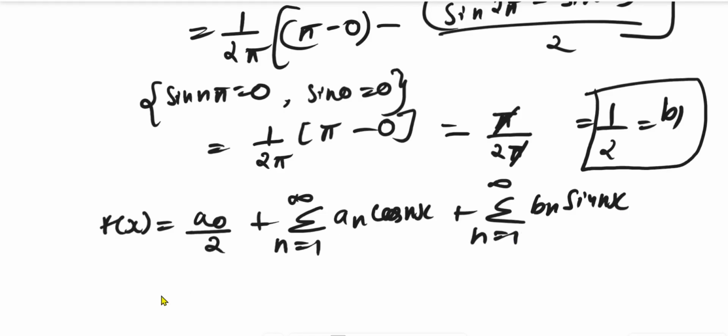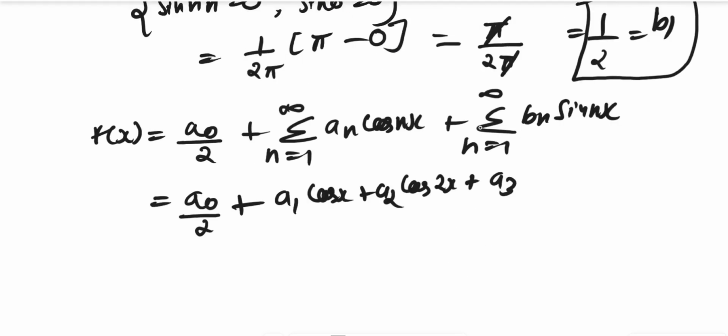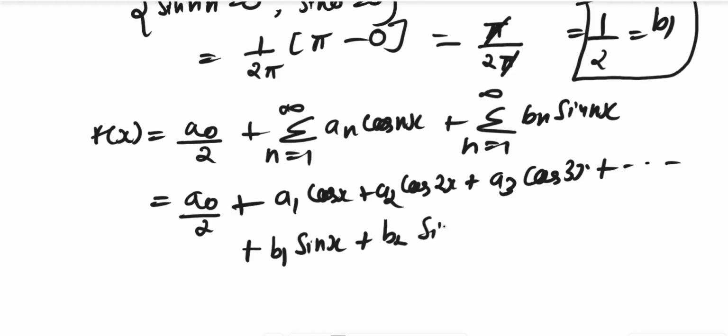Now we will simplify this: it is a naught upon 2 plus a1 cos x plus a2 cos 2x plus a3 cos 3x and so on, plus b1 sin x plus b2 sin 2x and so on.